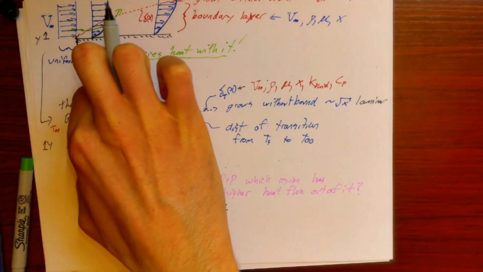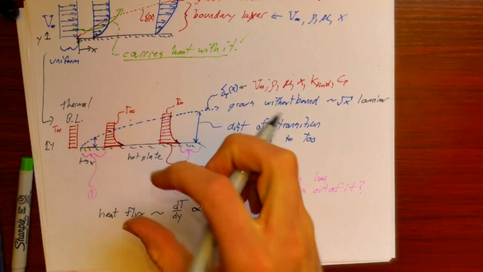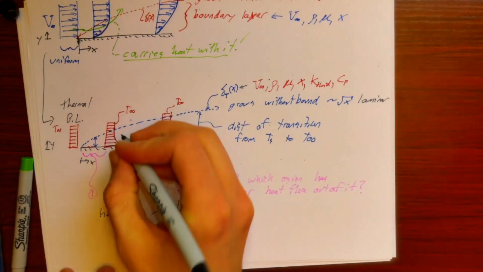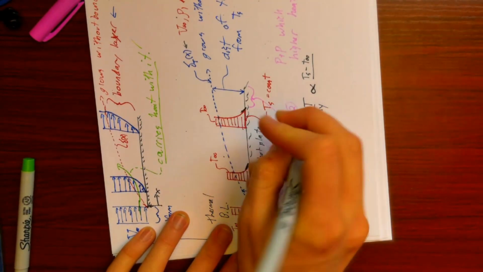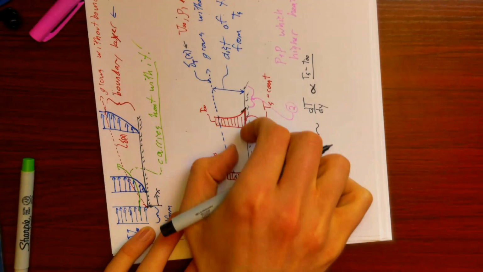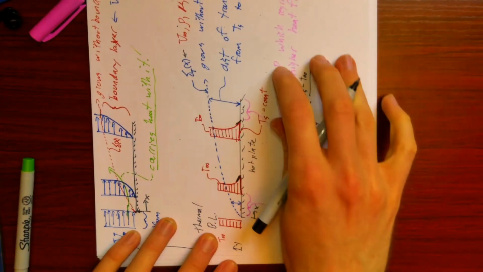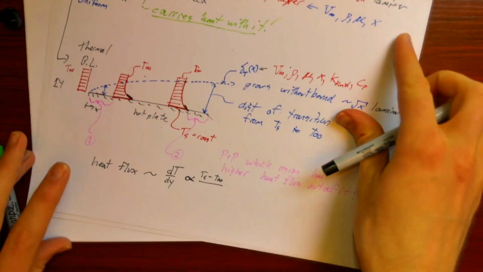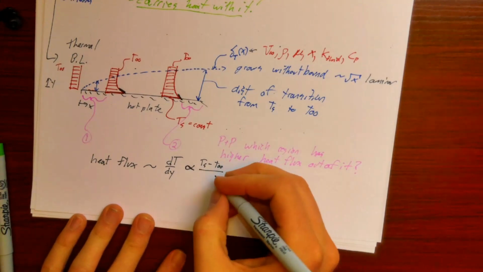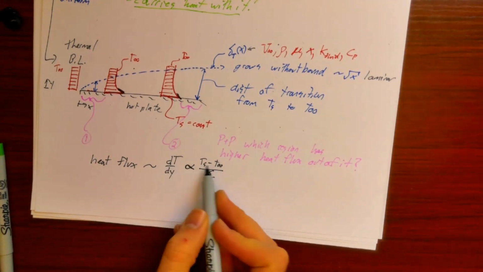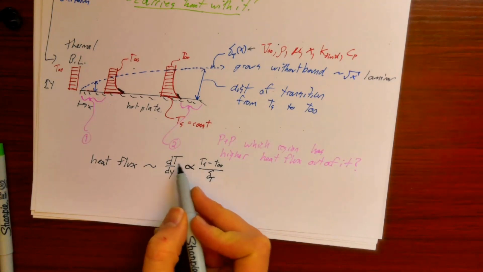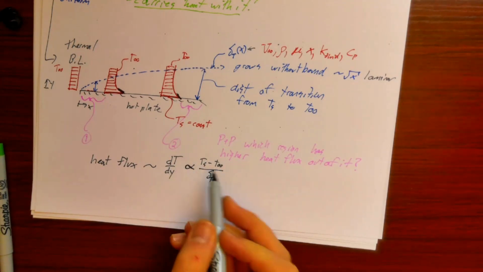As the thickness of the boundary layer grows, this temperature gradient originally starts pretty steep, but then it shallows out as that temperature transition happens over a greater and greater distance. So we can think of this as Ts minus T infinity over delta sub T. It's not an exact equation, but it's at least proportional to this difference.